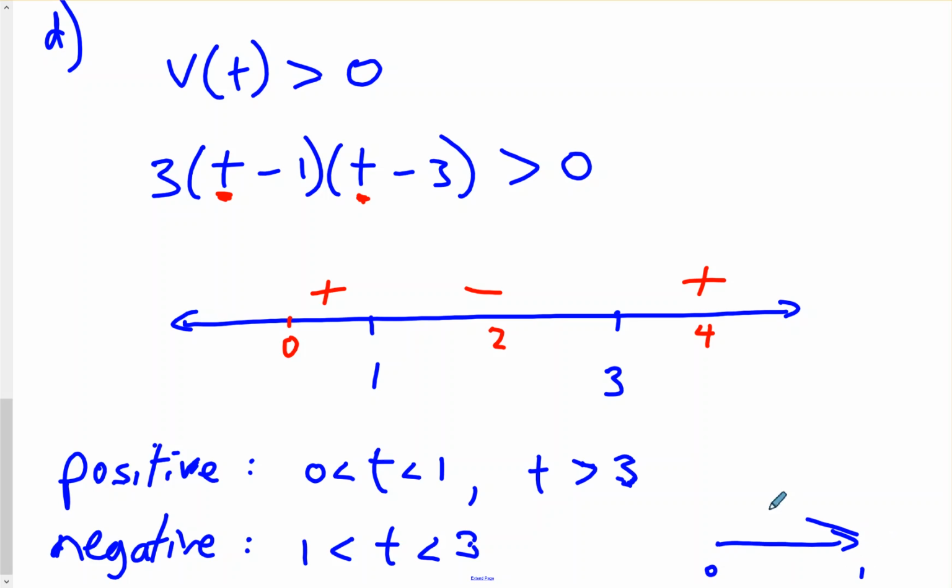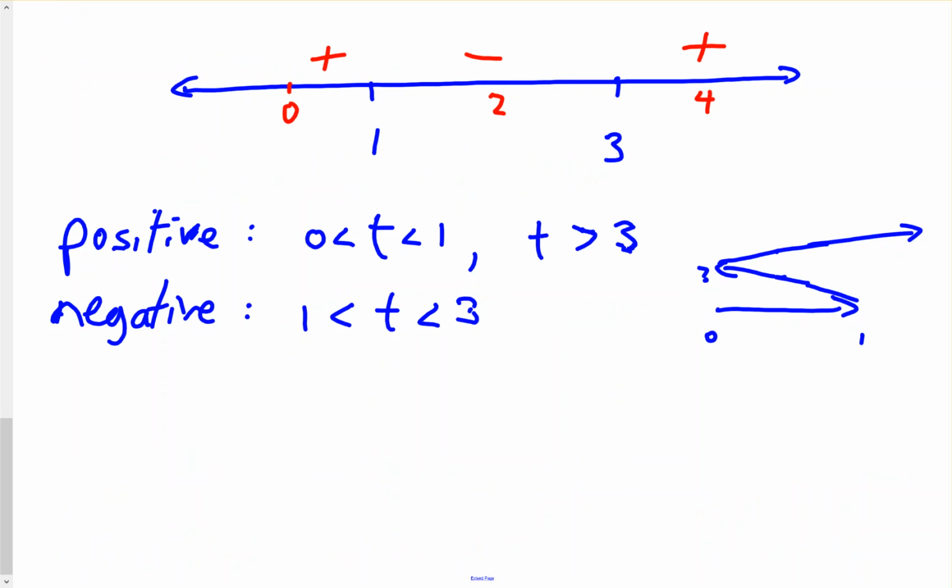Then we're going to go backwards movement from 1 to 3. And then forwards movement after 3. But we'll look at the diagram for that in a second, with a little more detail. Okay, next.